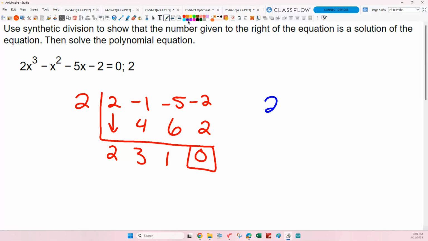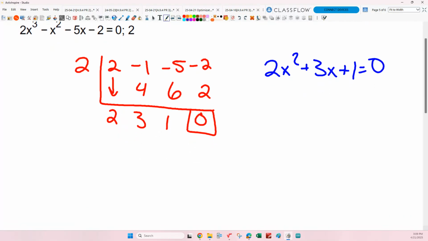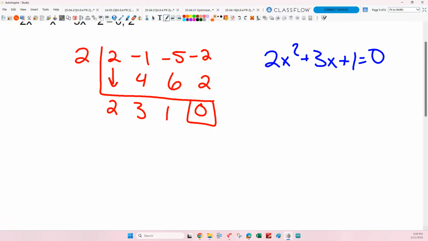So we got 2x squared plus 3x plus 1 equals 0. Are there magic numbers? No, because a is not 1. So what do we got to use now? Yeah. So if we look at that, what's my negative b?